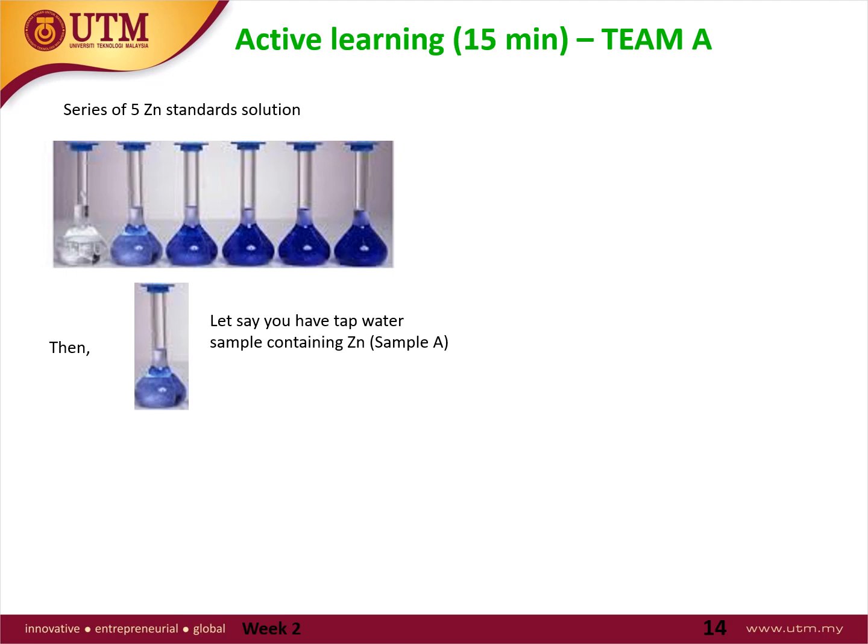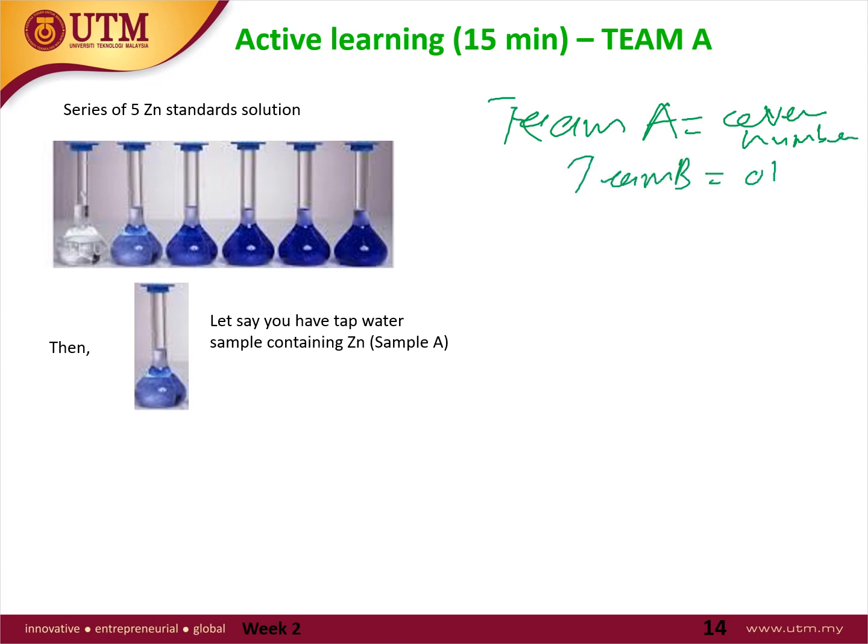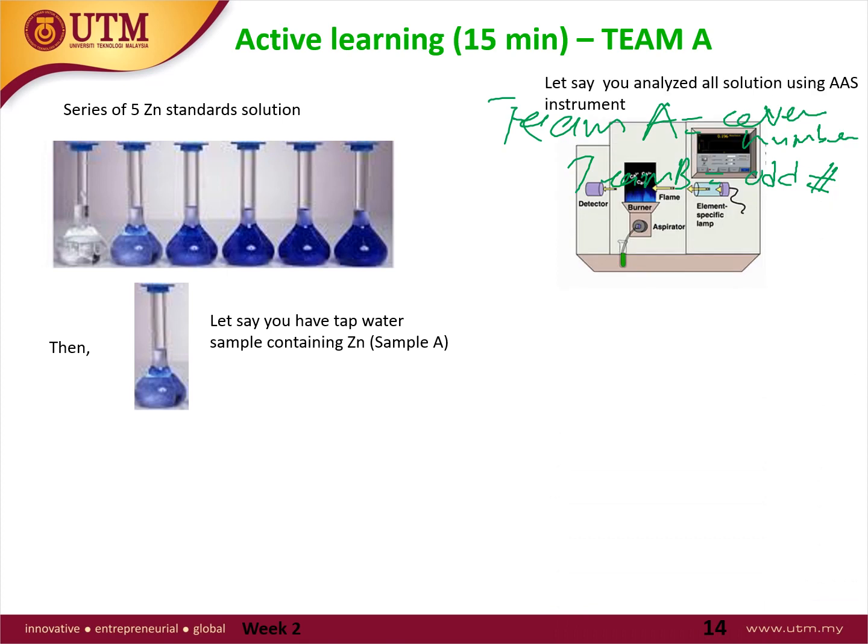Team A is the one with even numbers, and team B will be odd numbers. Team A, you have to check your name list. Even number is team A, odd number is team B.